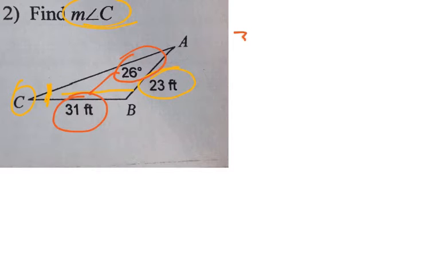I'm going to take that 31, and do you agree it's opposite of the 26-degree angle? So I know 31 goes with the sine of 26 degrees.